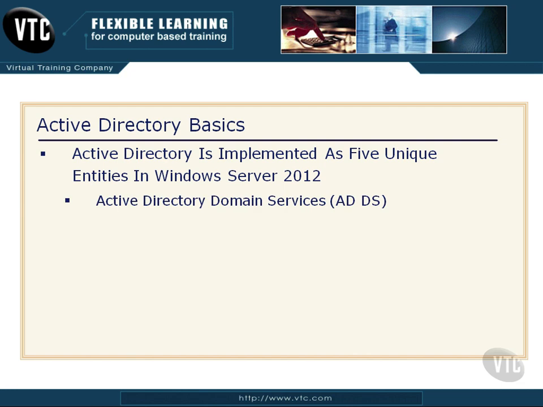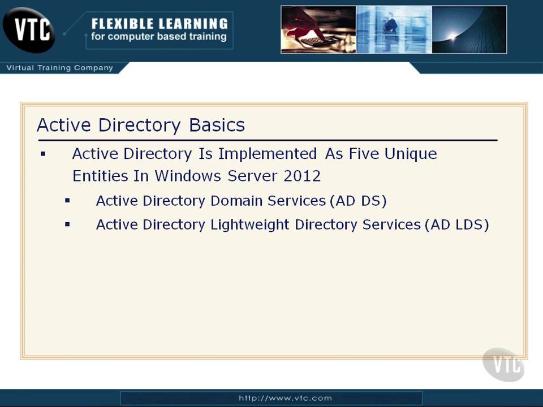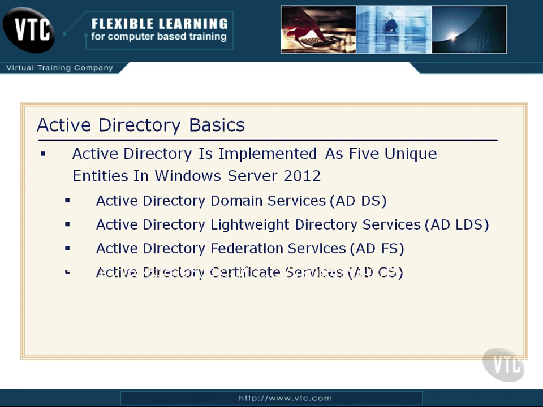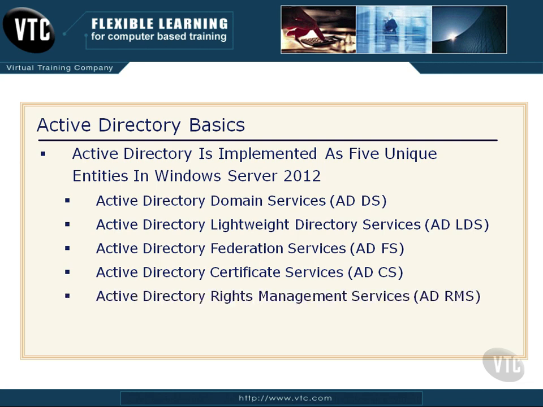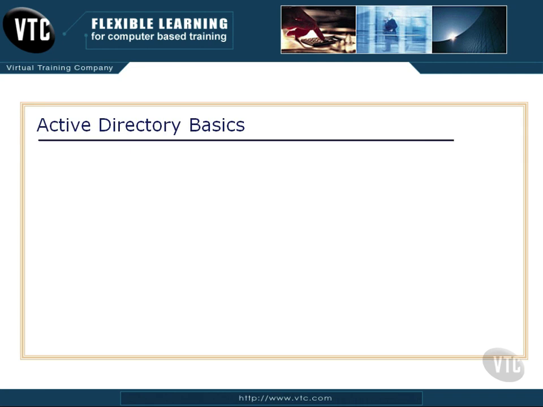First up is Active Directory Domain Services, or ADDS, Active Directory Lightweight Directory Services, ADLDS, Active Directory Federation Services, ADFS, Active Directory Certificate Services, ADCS, and then Active Directory Rights Management Services, ADRMS.